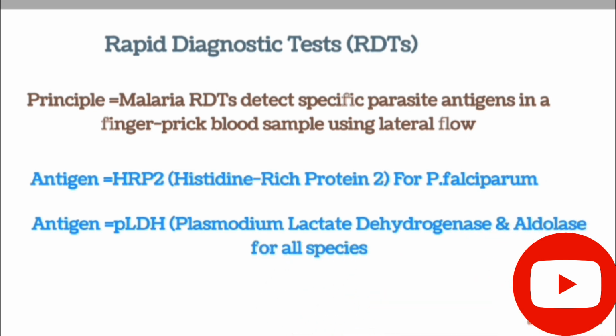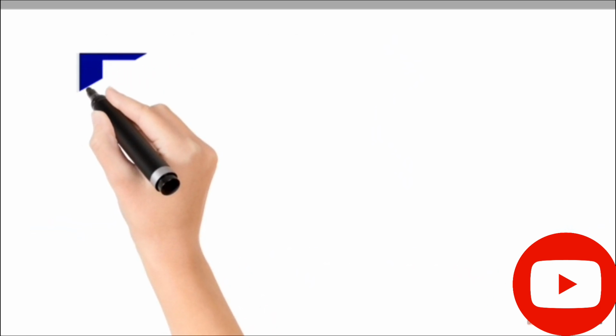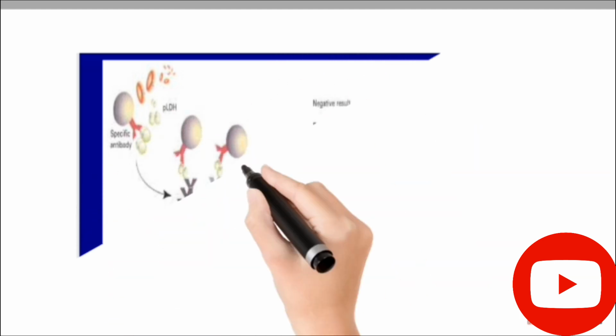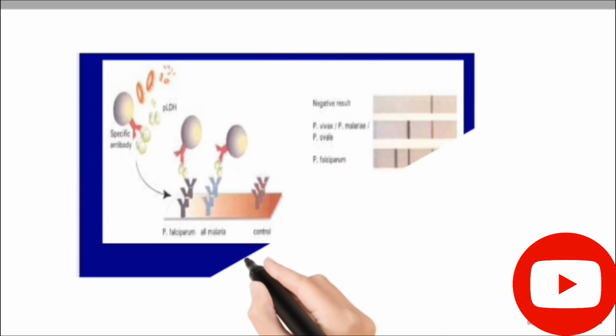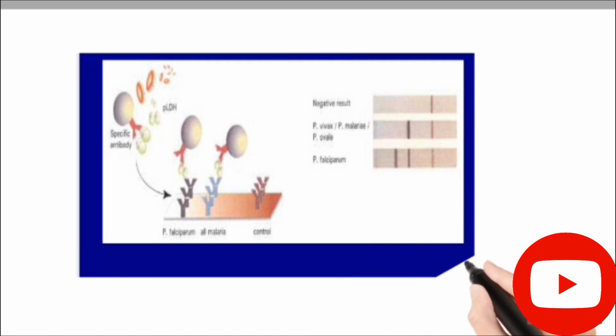There will be an antigen antibody reaction, and a colored line is shown which indicates the positive result. Also there is a control line which is helpful for comparison of the results. So it is all about the RDTs.